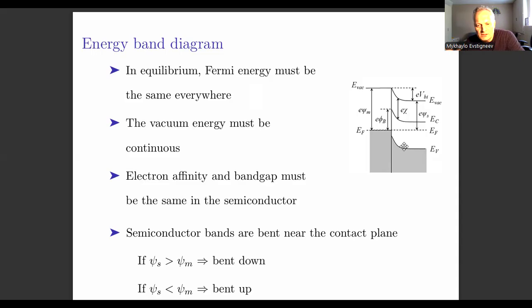That is, the important energy differences, such as E_C minus E_V, the band gap, the difference between the band edge energies in the conduction and the valence band, and the electron affinity, the difference between the vacuum energy and the energy at the conduction band edge, must all stay the same. So the band bending in the semiconductor must be the same for all bands and also for the vacuum energy.